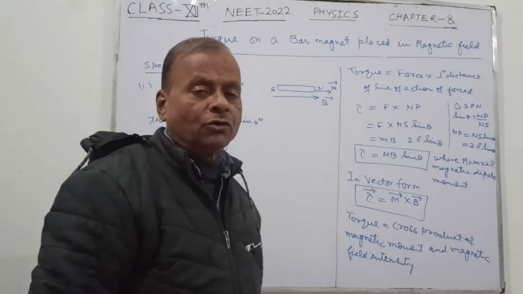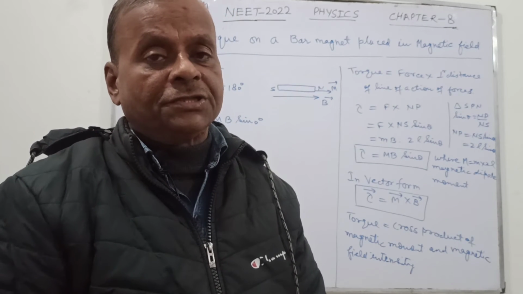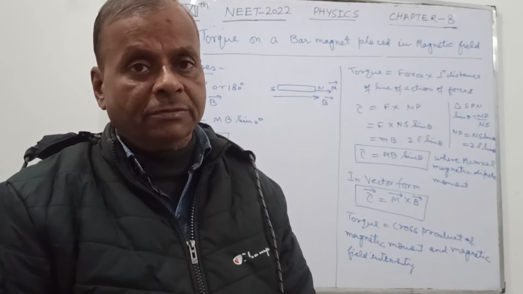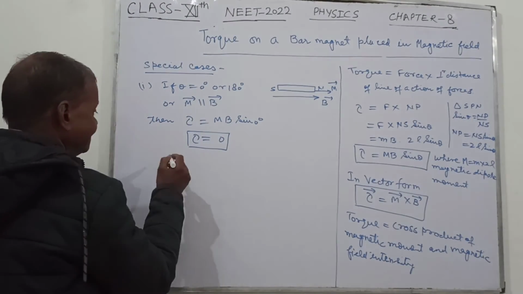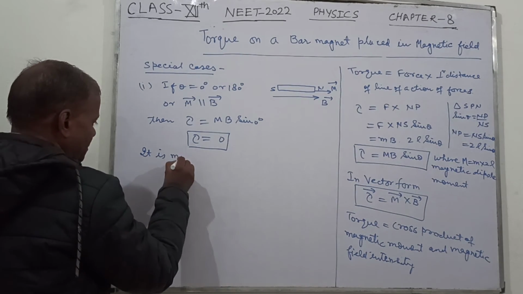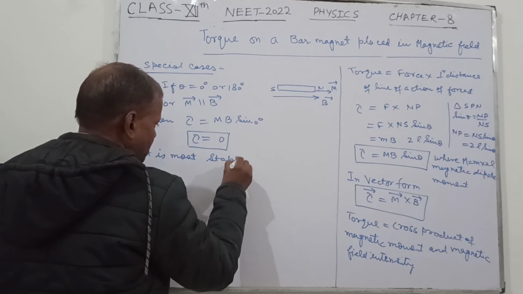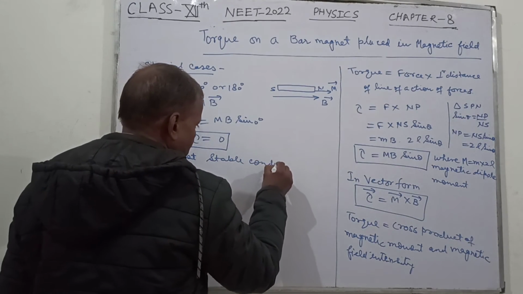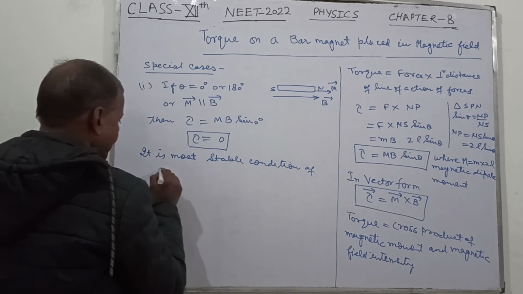It means that no torque acts on the magnet when it is parallel to the magnetic field. This is the most stable condition of the magnet.